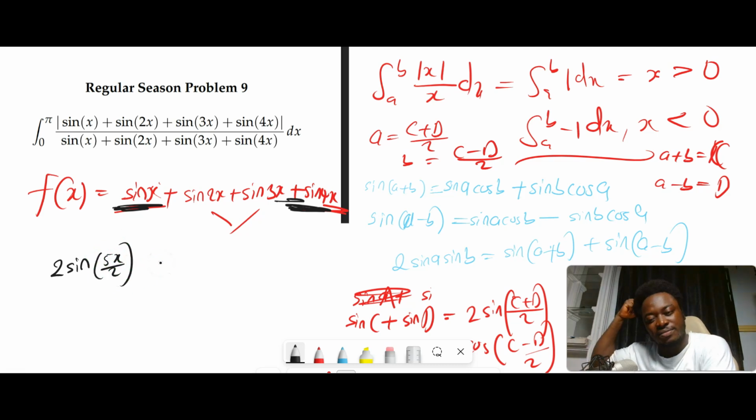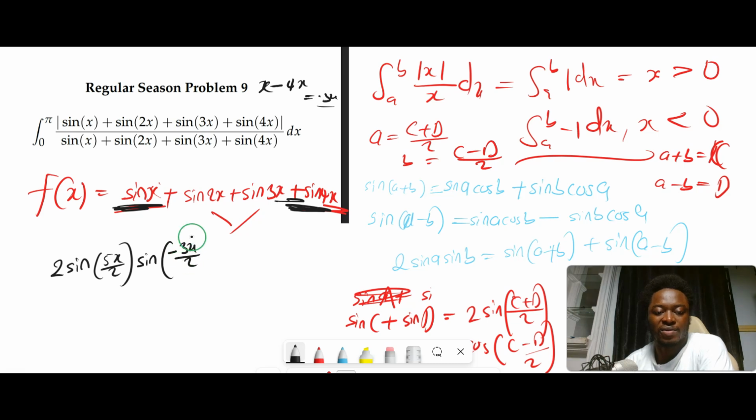What about the case of x minus 4x? So you have sine of C minus D, that is negative, so x minus 4x would be negative 3x divided by 2, so that is going to be sine of negative 3x divided by 2.